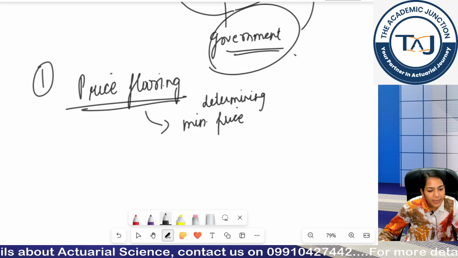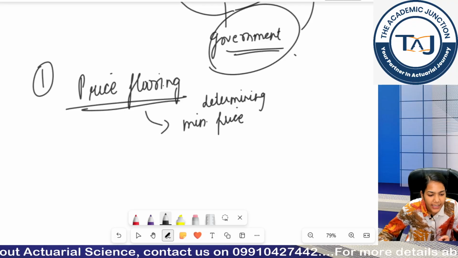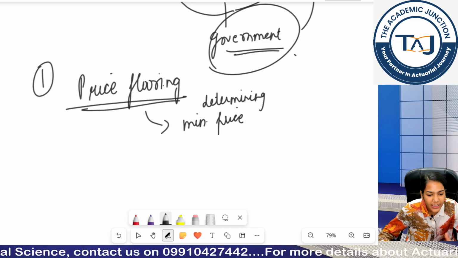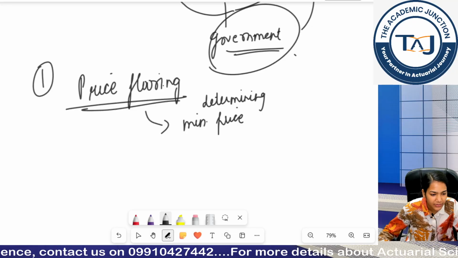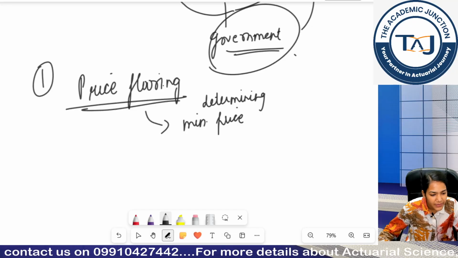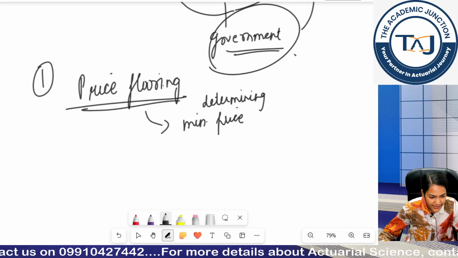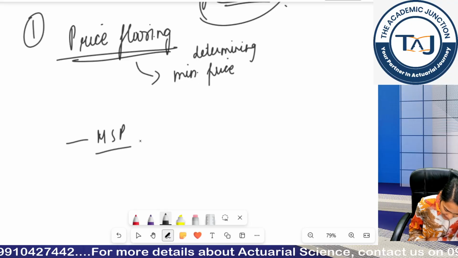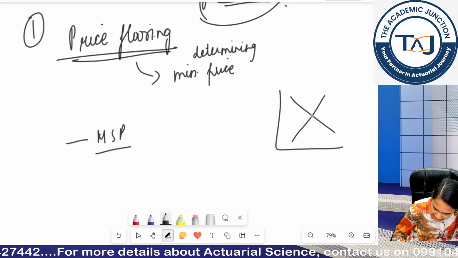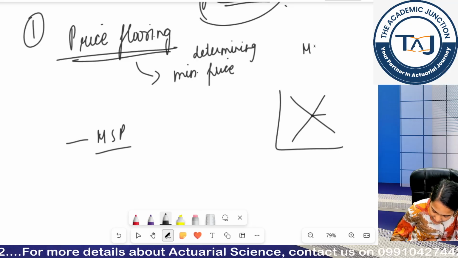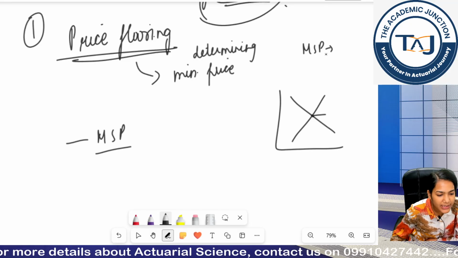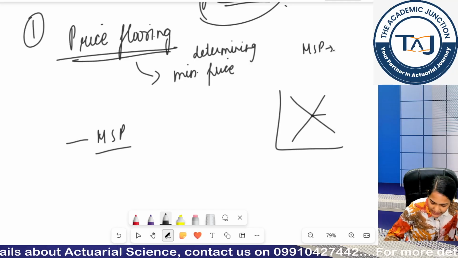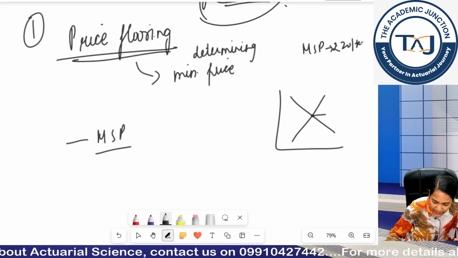Exactly, the government fixes a certain price, saying that even if the market is not giving you this much, we will give you this much at least. Let's take an example of MSP. The government says, I will buy your rice, whatever quantity, at 20 rupees per kg.